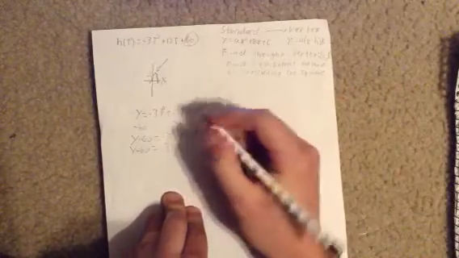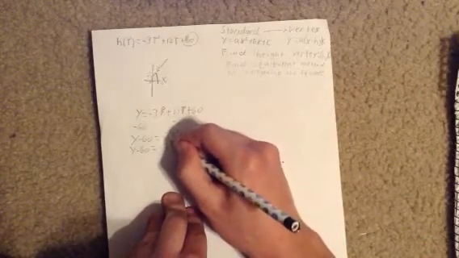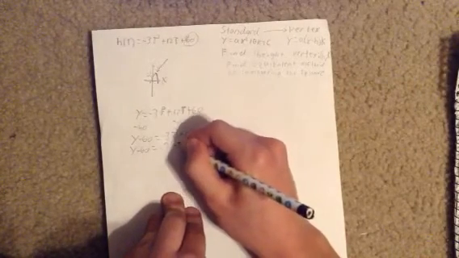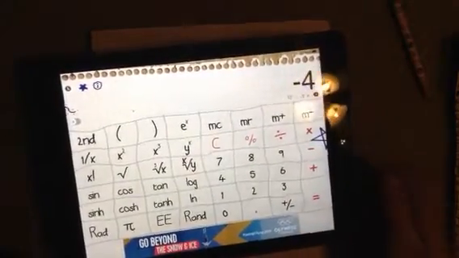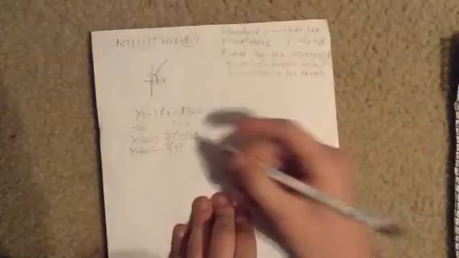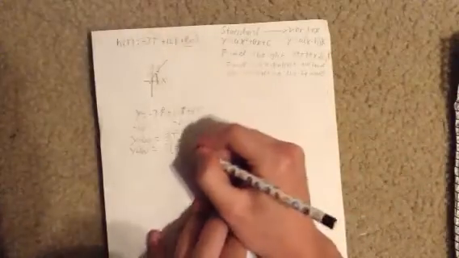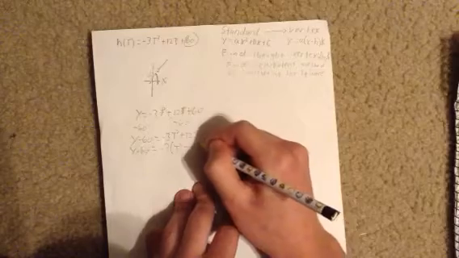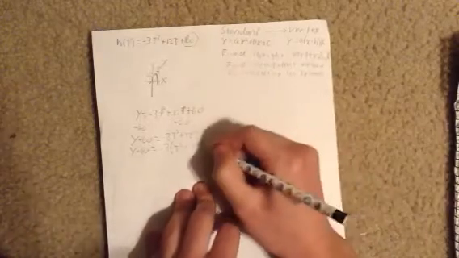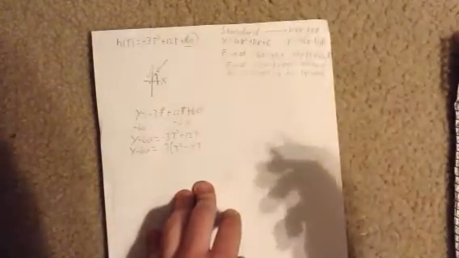So negative 3, and then put this in parentheses, t squared, and then 12 divided by negative 3 is negative 4. So we have t squared minus 4t. And that is our new equation.